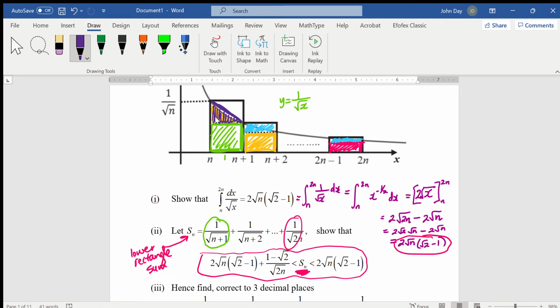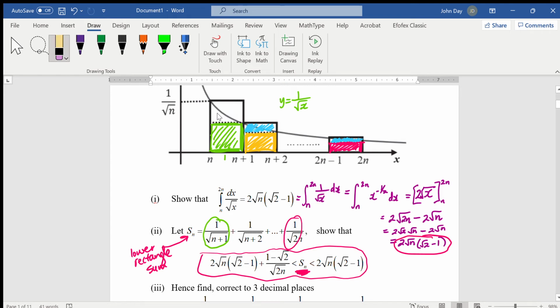So what does that mean? Well, if we subtract this purple rectangle in this particular strip from the actual area, we're going to get down below the green stuff that's underneath it.